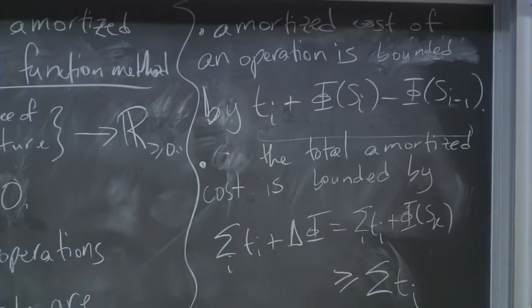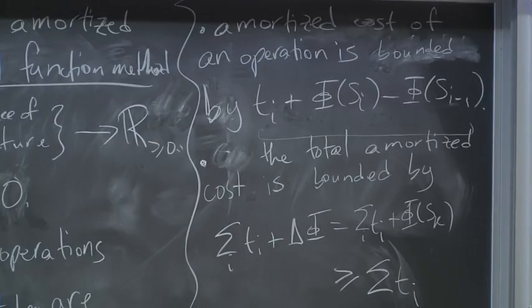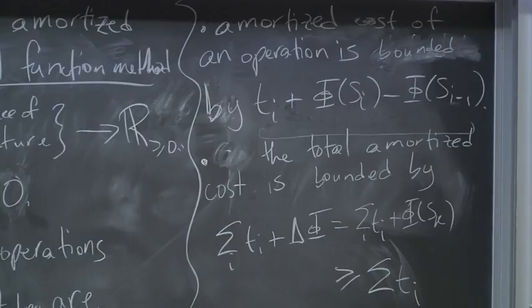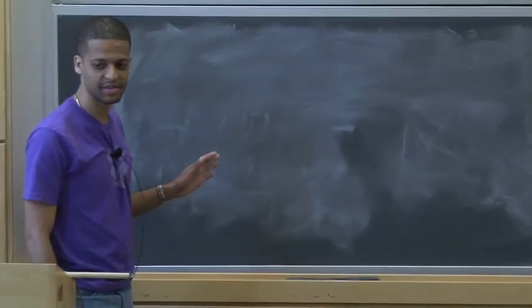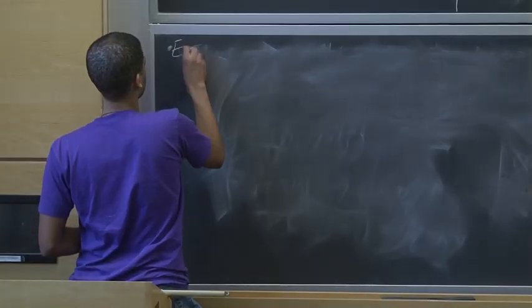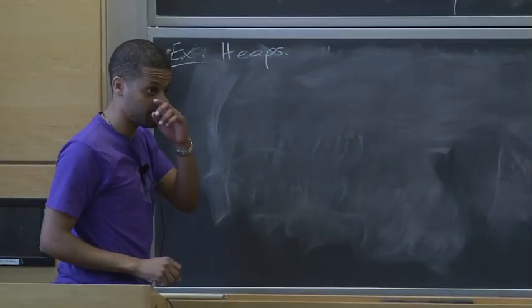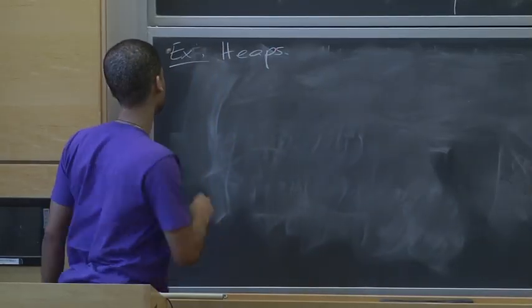Okay, so that was all kind of slightly abstract, so let's actually do this for something. I said we're going to look at Fibonacci heaps. Before that, let's just refresh our memory on heaps. A heap is an abstract data type. What does it support?